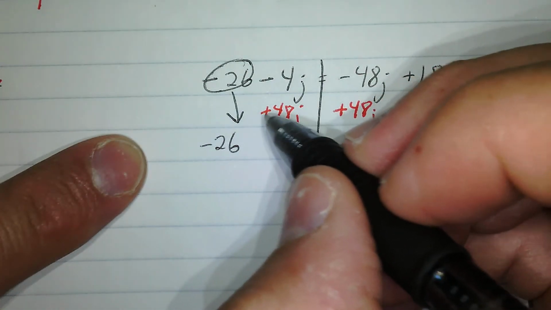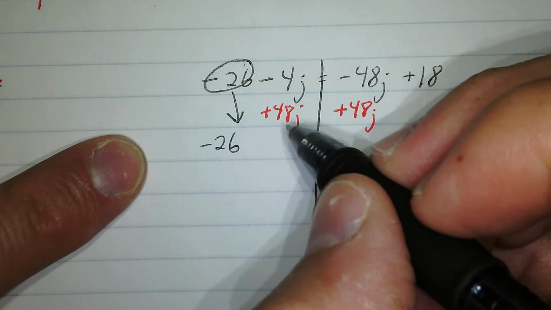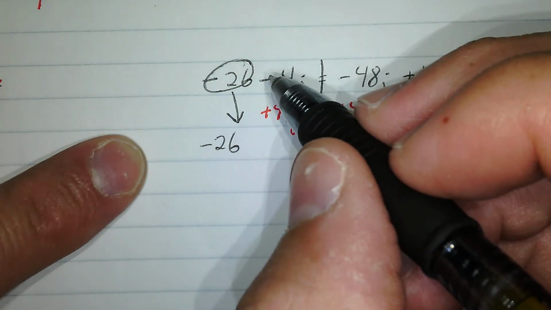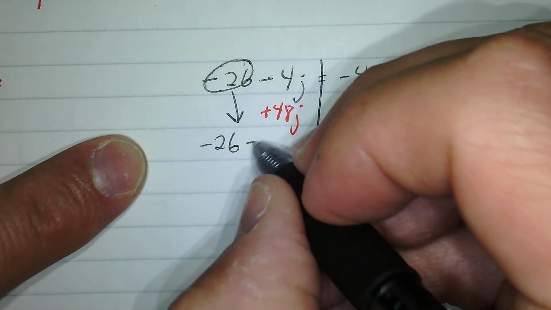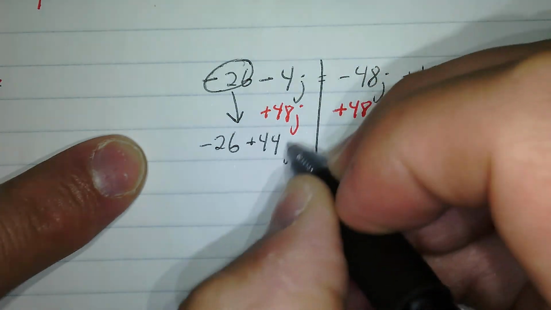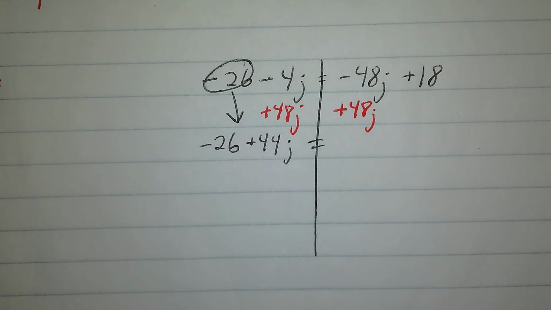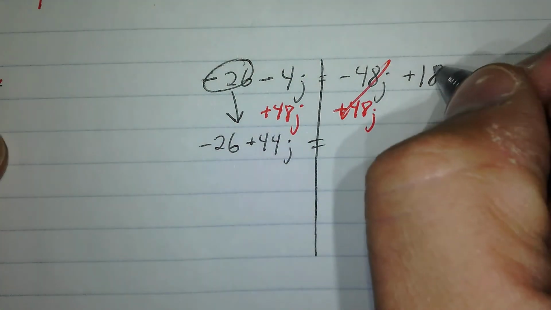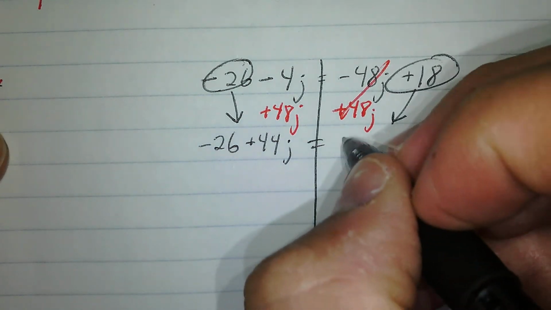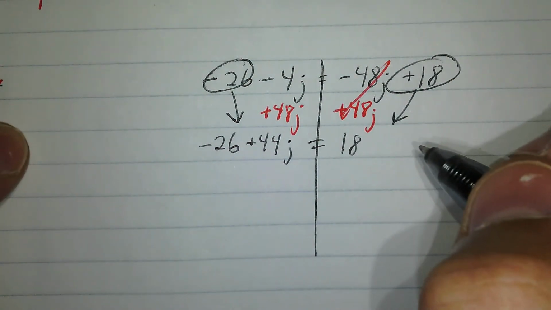Negative 4j plus 48j would be the same thing as saying 48j minus 4j. So I could say that my answer would be 44j. Well, negative 48j plus 48j would give 0, so those will cancel out. And nothing's going on with the 18, so we're going to bring it down.